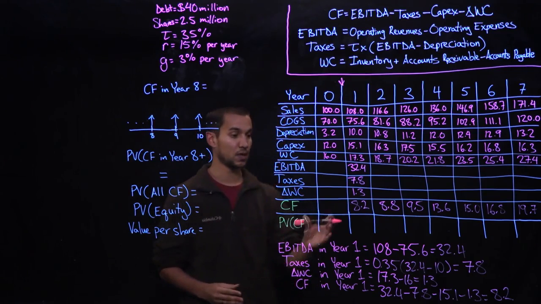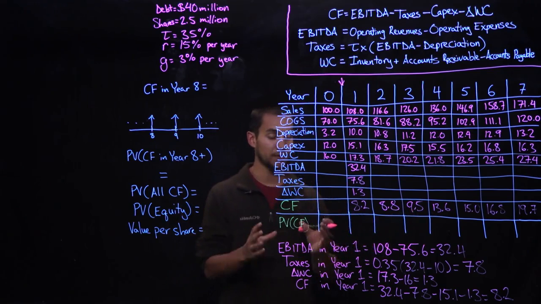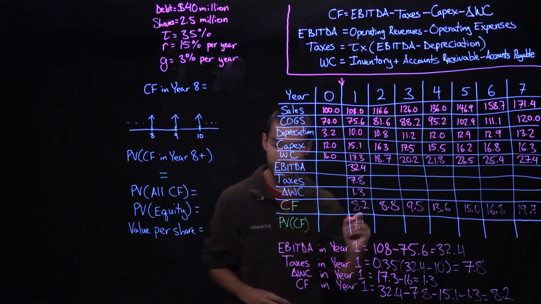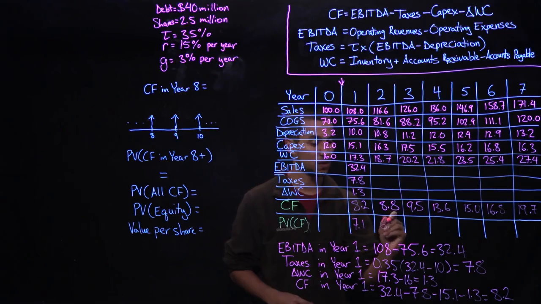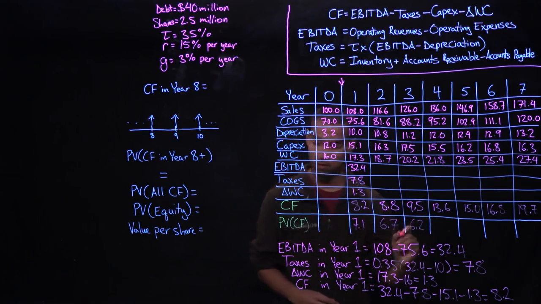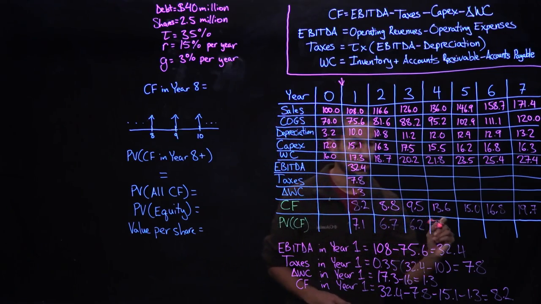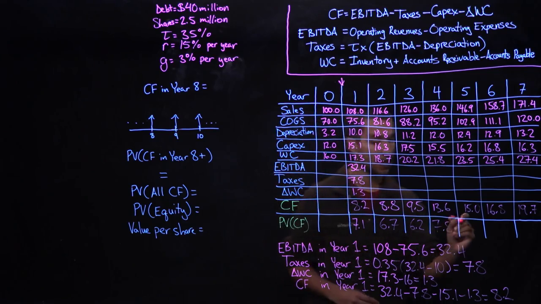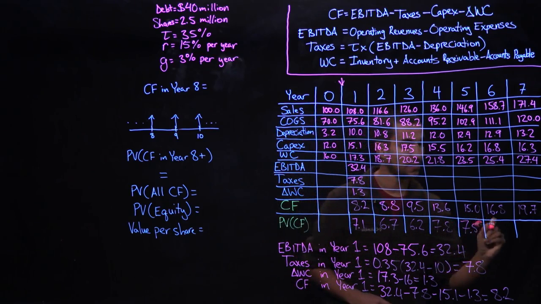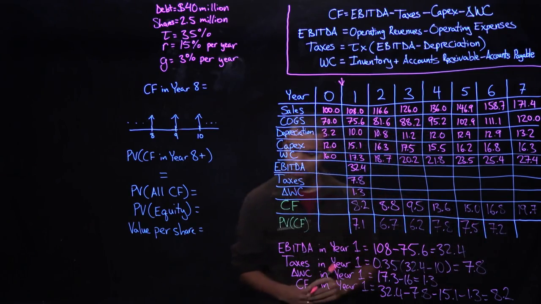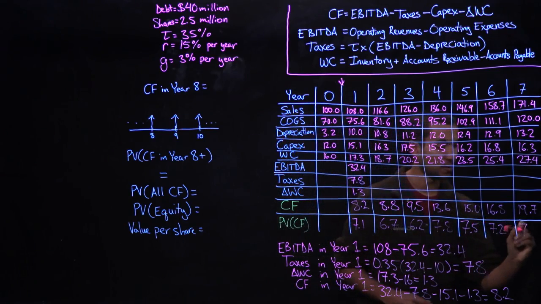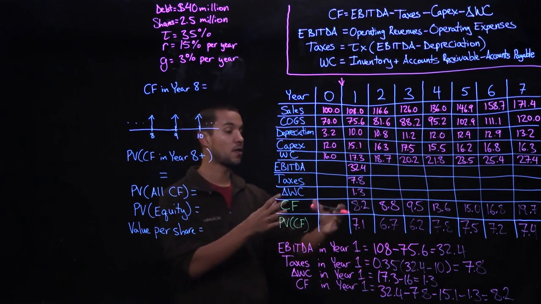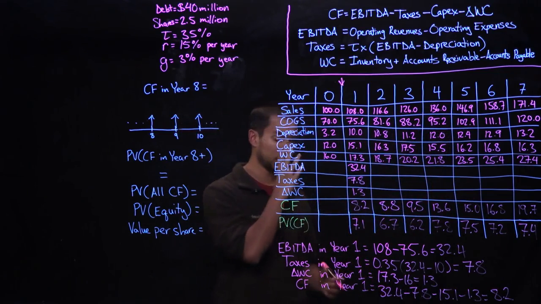When we do this, we find that the present values of these cash flows are equal to $7.1 million, 6.7, 6.2, 7.8, 7.5, 7.2, and $7.4 million. So now we have the present value of all our cash flows from years 1 through 7.